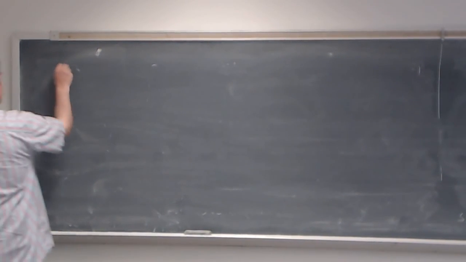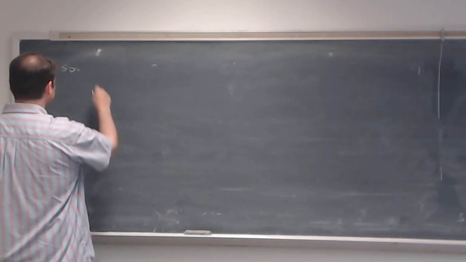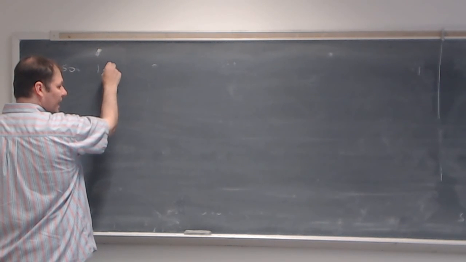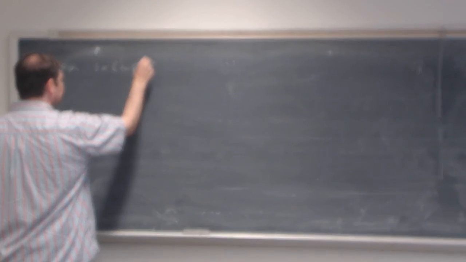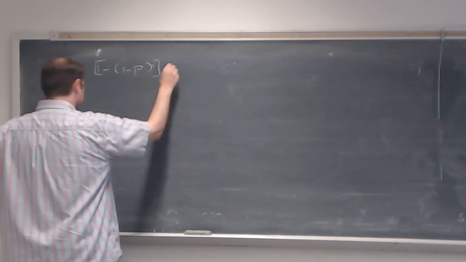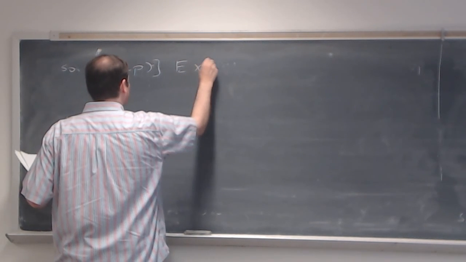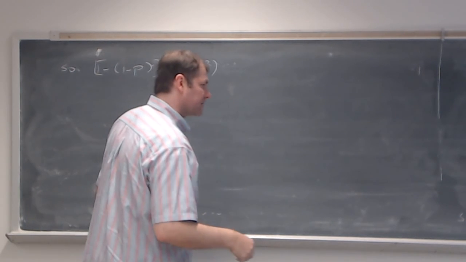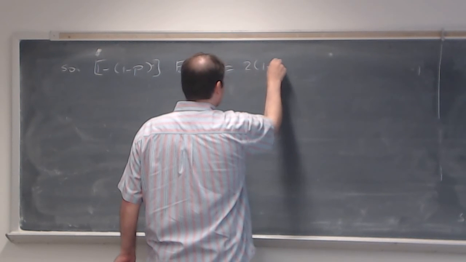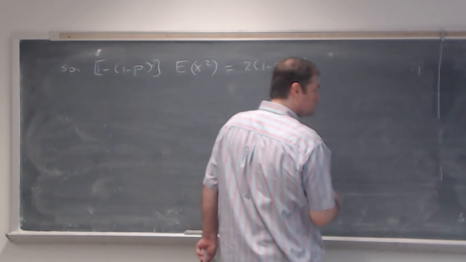So if I pull the expected value of x squared terms together, what we get is (1 minus p) times the expected value of x squared. I'll pull that term to the left hand side, equals 2 times (1 minus p) times the expected value of x, but I know that's 1 over p, and then plus 1.